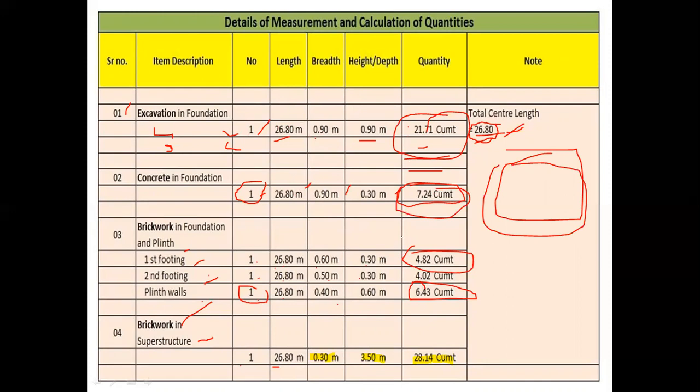The center line method is an easy procedure, while the long wall short wall method is the longer one. Sometimes the question paper asks to use any method to calculate the quantities. Either the long wall short wall method or the center line method is given 28 marks.